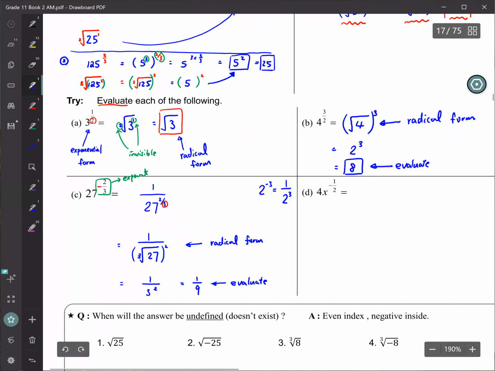So question D. Question D has a variable, right? Having a variable means you won't get a number at the end. You'll still have a variable there. So this one is just a practice of how you apply the negative and the radical. So go as far as you can. I'll let you try D first by yourself, and you can raise your hand if you get something.